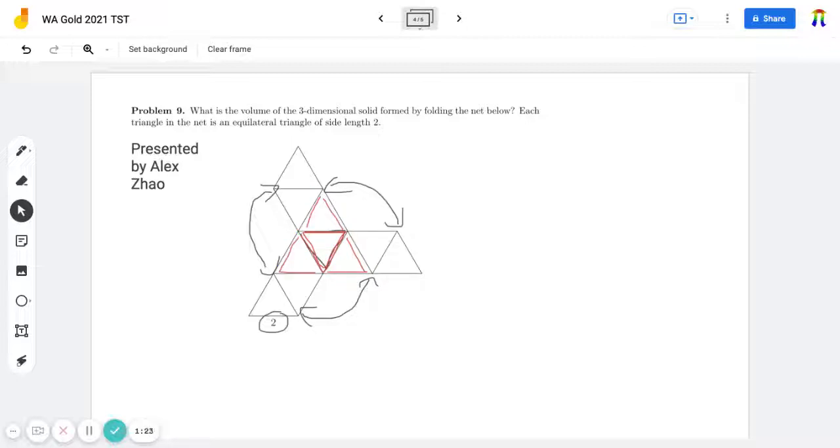And then this triangle here, which is in blue, this edge comes up over here. So then this edge connects this vertex and this vertex. Similarly, this edge connects this vertex and this vertex, and this edge connects this vertex with this vertex. Right now we are ignoring the triangles on the outside here.